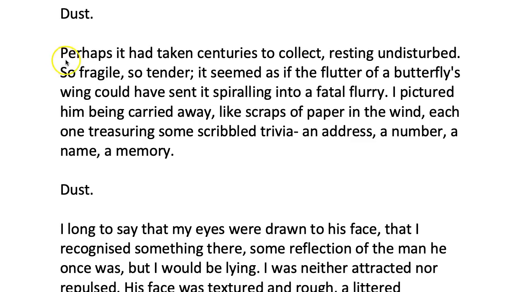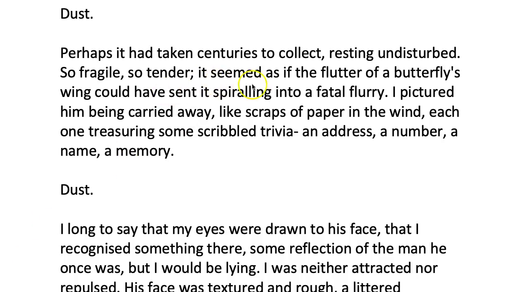So here we've got two descriptions going on at the same time. We have the dust that's presumably in this person's house, and it's being disturbed as the dead body is being carried away, or perhaps the still living body, but you know, can't live at home anymore.